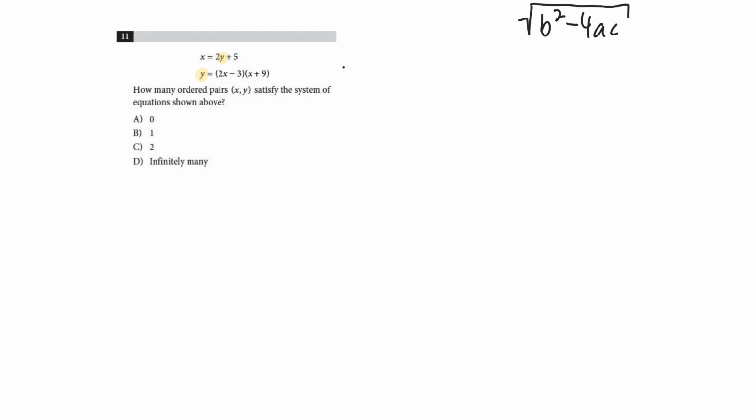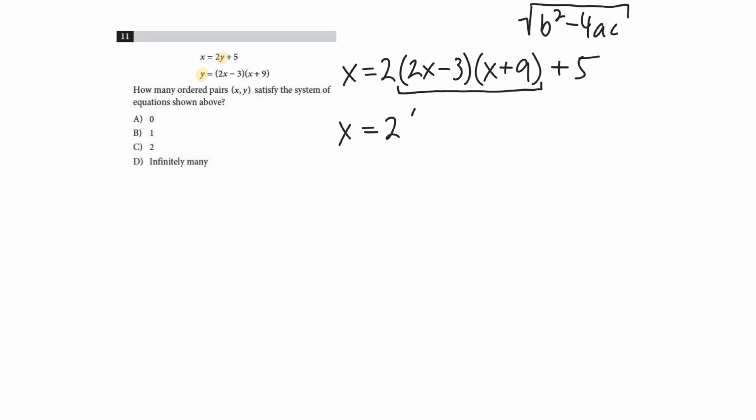I'm going to get x equals 2 times 2x minus 3 times x plus 9, and then plus 5. Okay, so start by expanding this out.